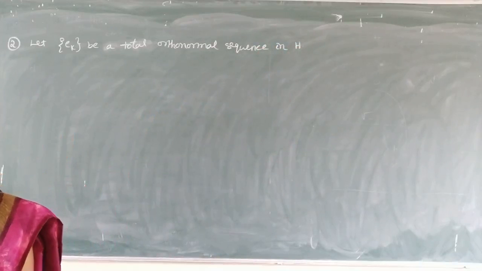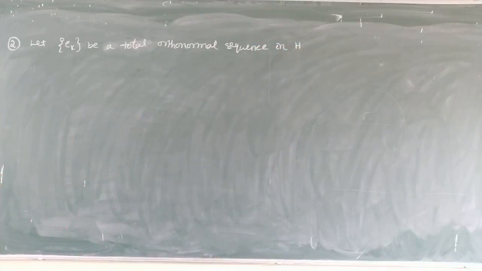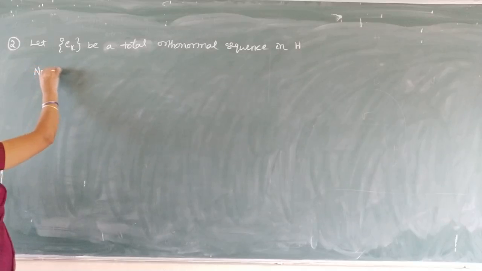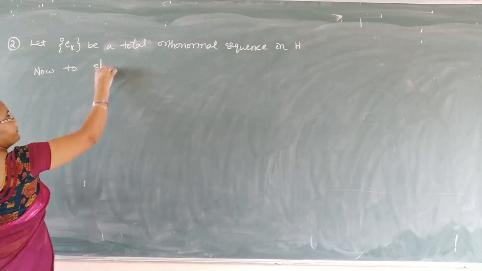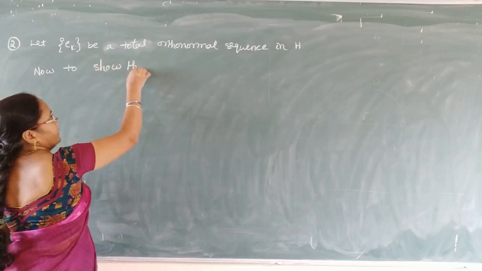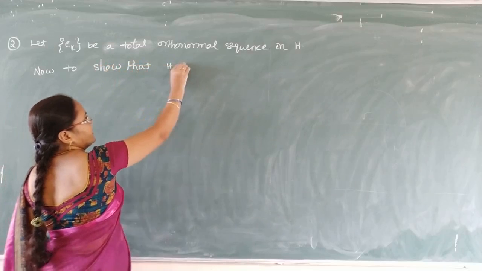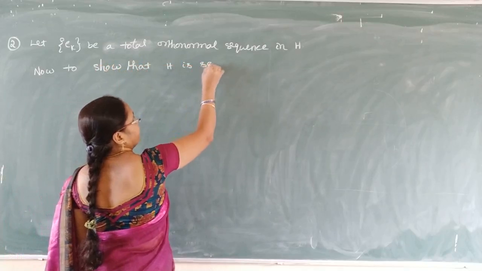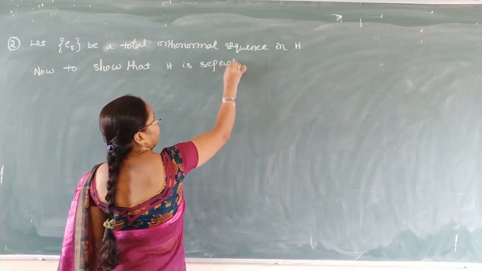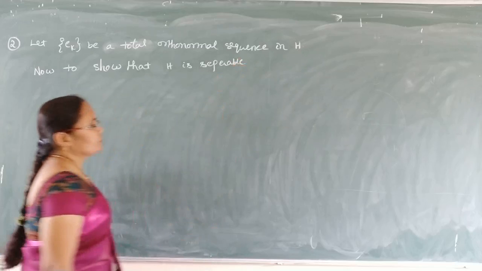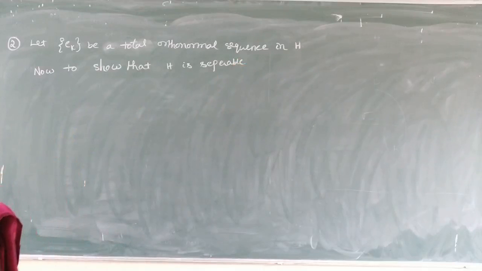Next we have to show that H is separable. Separable means to say we have to show that this H has a countable dense subset.